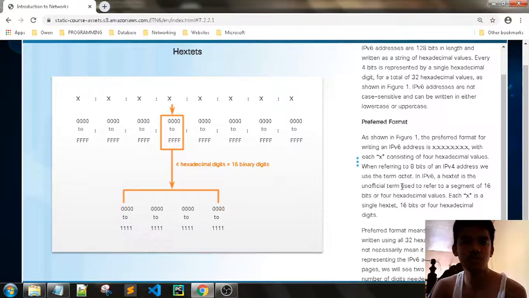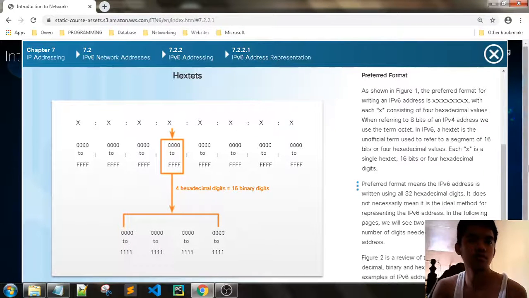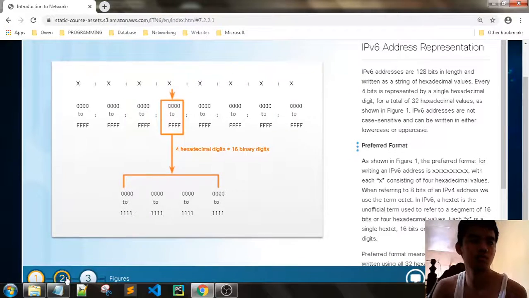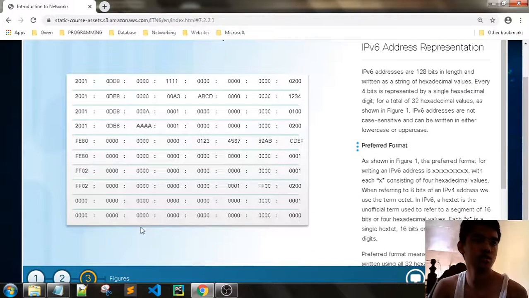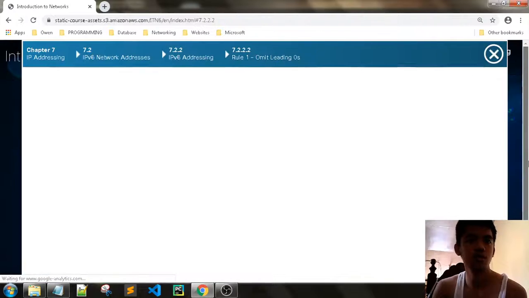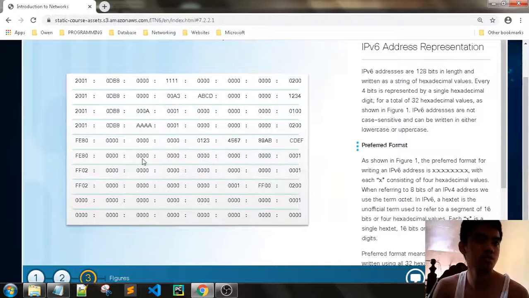The preferred format is just a conversion to hexadecimal. Here are the preferred formats. A v6 address most commonly starts with 2 or 3. We also have this link local address, which shows us the preferred format for v6.